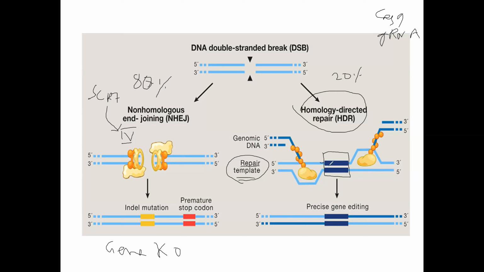So this repair template will always have a gene or a sequence to be inserted, or a sequence to be modified, and it will have the homologous arms, which are similar in sequence to the cut end of the DNA. Suppose you are cutting the sequence here.